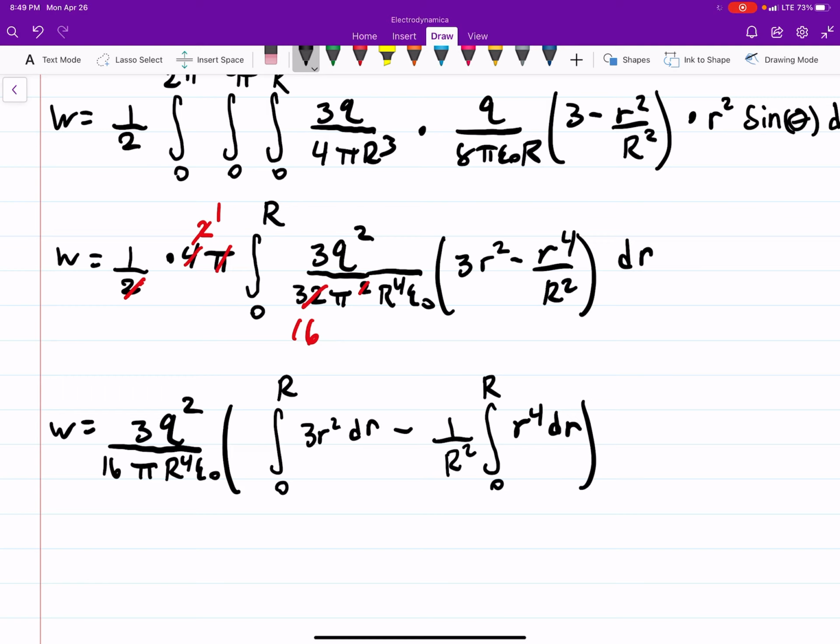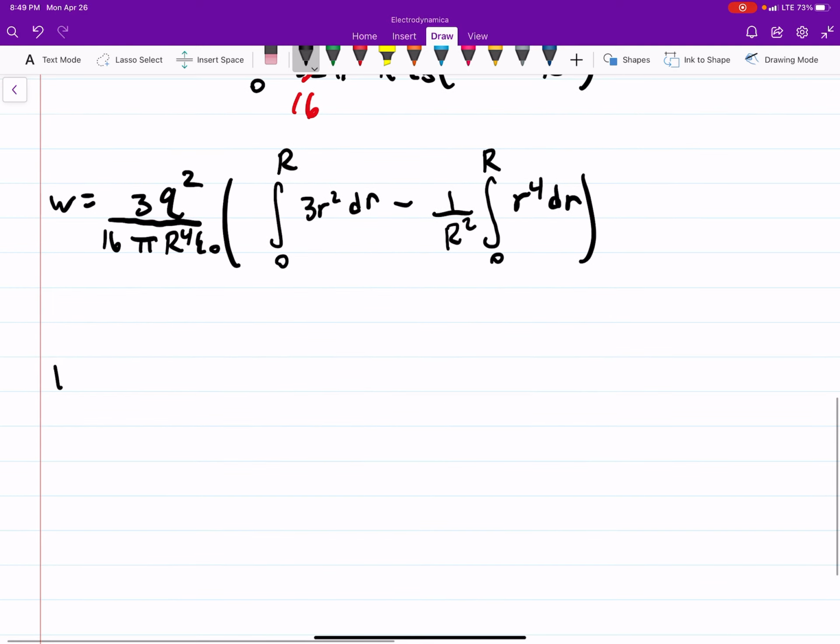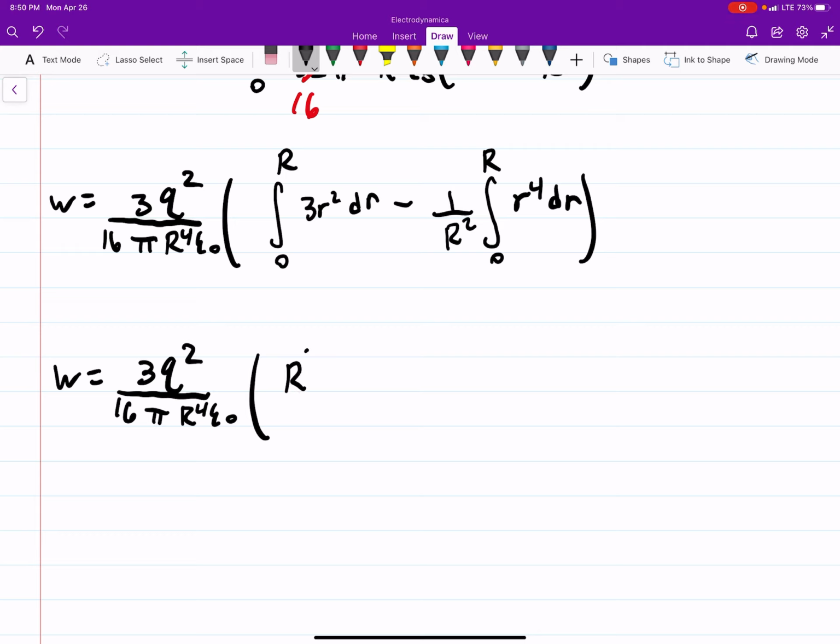Okay, so we will get our energy is 3Q squared over 16 pi R to the 4th epsilon naught. When we evaluate that first integral, it'll just be R cubed, right? Because you add 1, this is just the power rule. Minus 1 over R squared times 1/5 R to the fifth, which will drop to get you a 3.